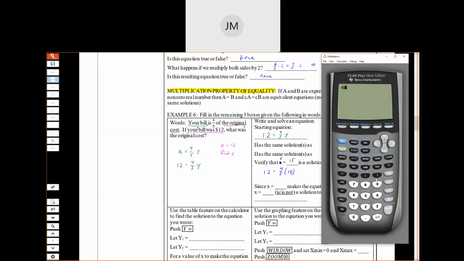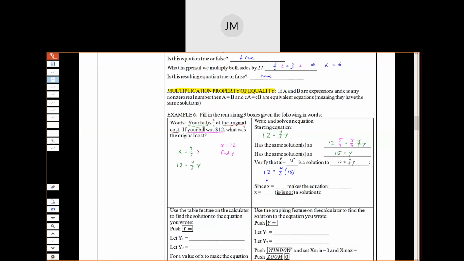But I'm going to take 4/5 times 15 and see that it's 12. So since y equals 15 makes the equation true, y equals 15 is a solution to 12 equals 4/5 times y.